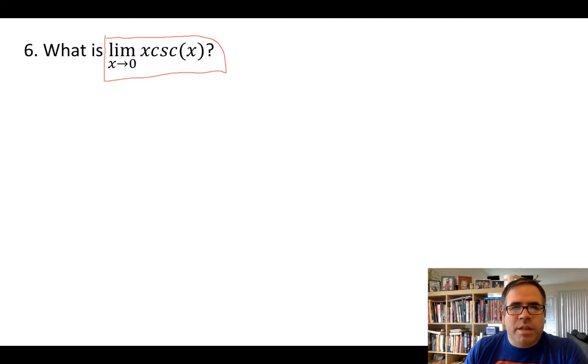Cosecant is 1 over sine. So this is the same as the limit as x goes to 0 of x times 1 over sine x, which we can clean up a little bit as the limit as x goes to 0 of x over sine x.